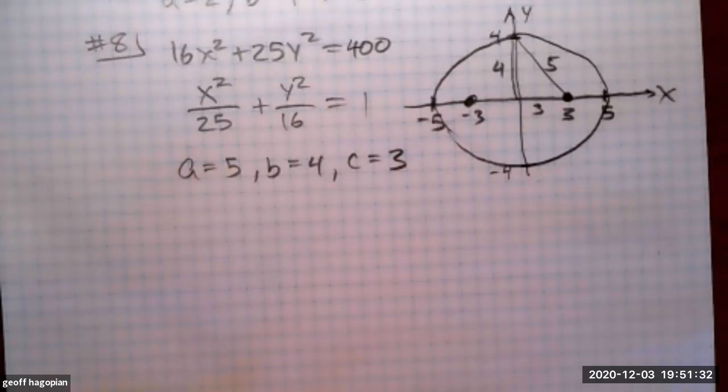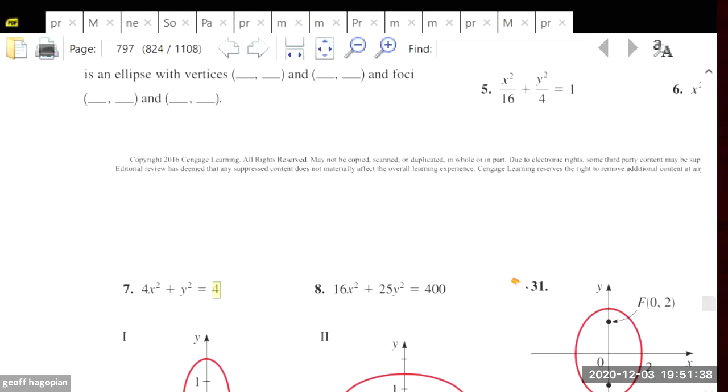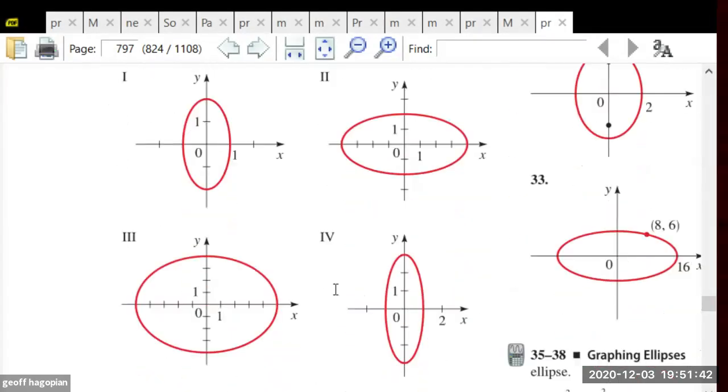And so when we look at these in the book, this is that 3, 4, 5 one we just did. This is the 9 and 1. I forget which one was which, but you kind of recognize these. What's this one here?